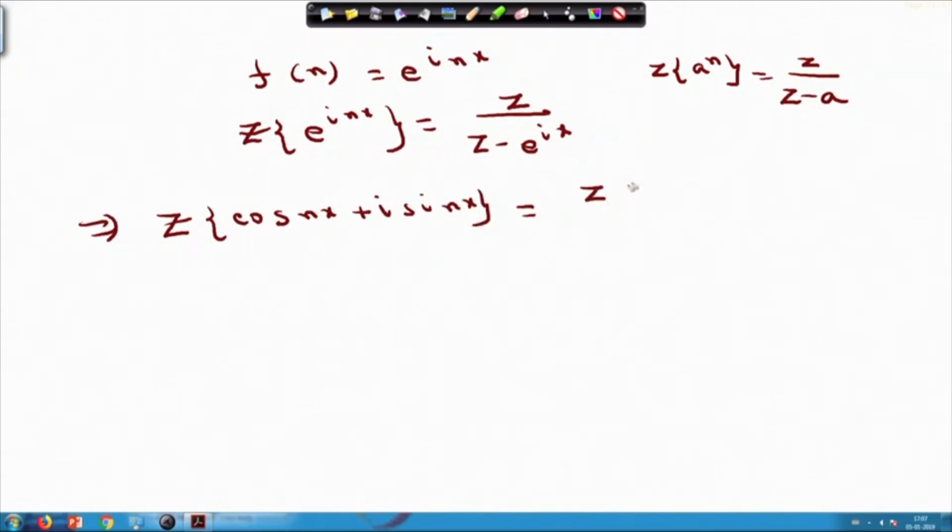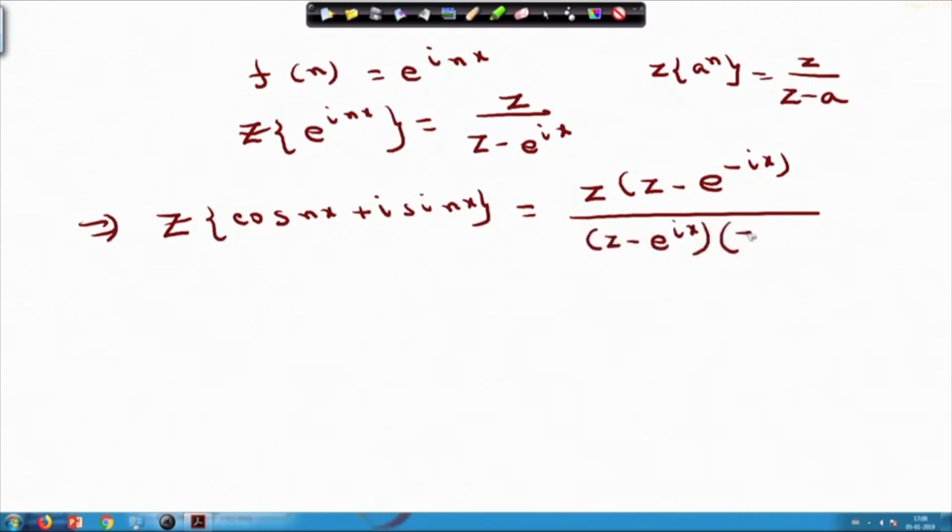This equals, I can write down z into z minus e power minus i x, I am multiplying on both sides. So that z minus e power i x into z minus e power minus i x. On the numerator you will have z square minus z into e power minus i x.